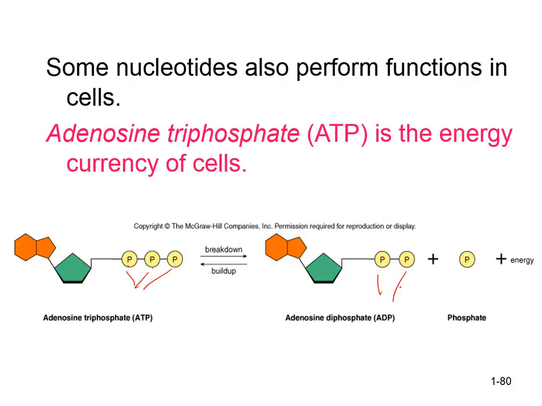It forms ADP, which has 2 phosphates, and this process releases energy. Now, if you put energy back in here, you are going to build up ATP. So it's a cycle. But to build up ATP, you need to add energy to the system.